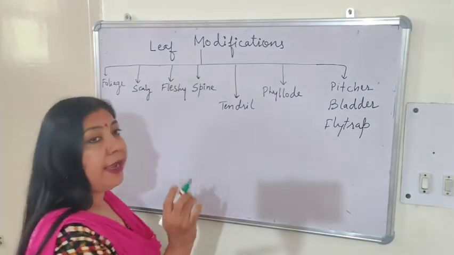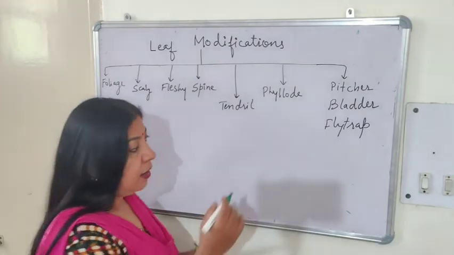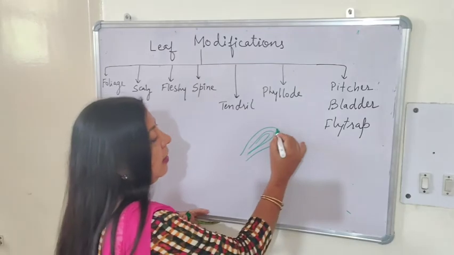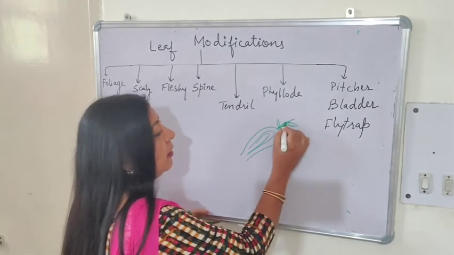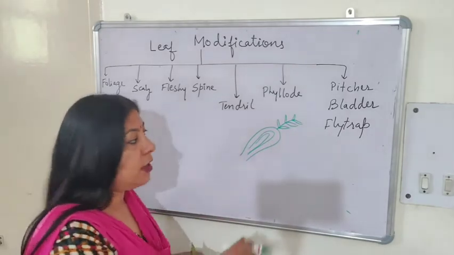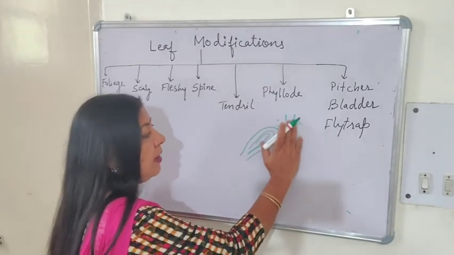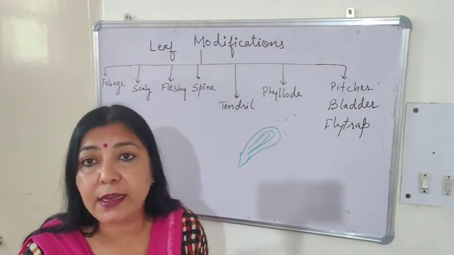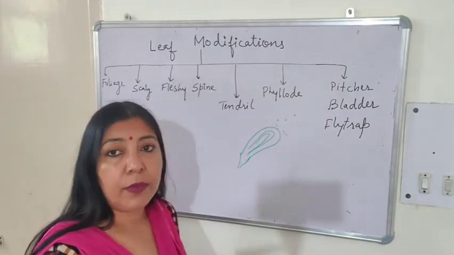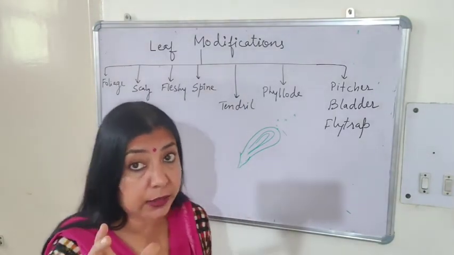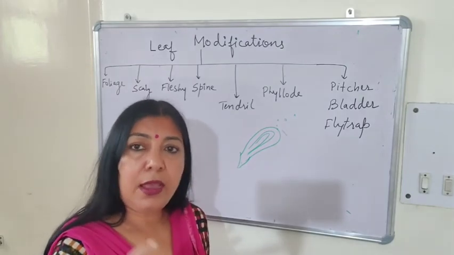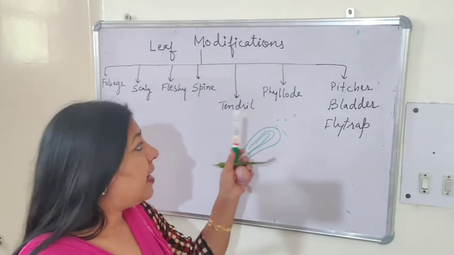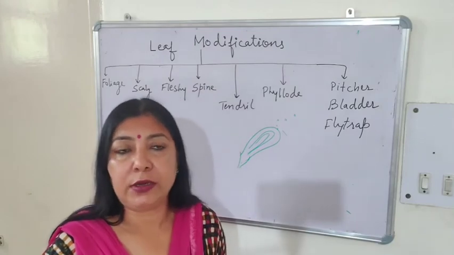For example, in case of acacia, Australian acacia, the petiole is leaf-like and the actual leaf is a very small leaf. It falls down and then this petiole part looks like a leaf and behaves like a leaf. This is called phyllodes. So please don't get confused with three terms: phylloclade, cladode and phyllodes. Phylloclade and cladode are stem modifications, whereas phyllodes is a leaf modification.